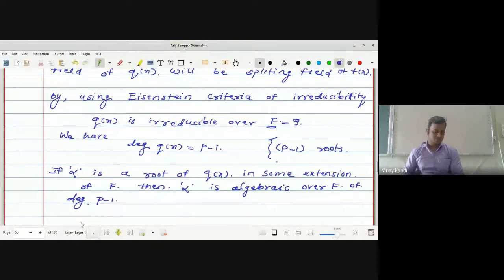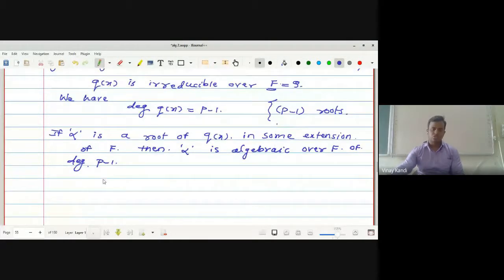Now adjoin this root alpha to the field of rational numbers. So the degree of F of alpha over the field is equal to p minus 1, because alpha satisfies an irreducible polynomial of degree p minus 1.